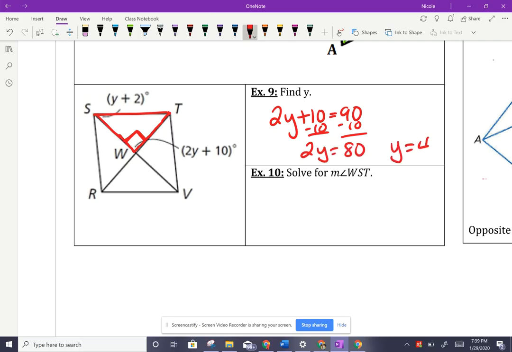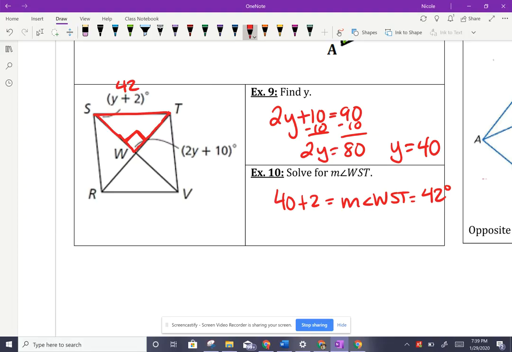Therefore, Y is equal to 40. I like to go ahead and plug that in. So this angle up here is 42 degrees, which is what it's asking us for. We take that 40 plus 2 is the measure of angle WST, which is 42 degrees.